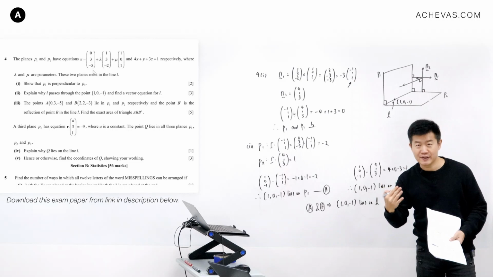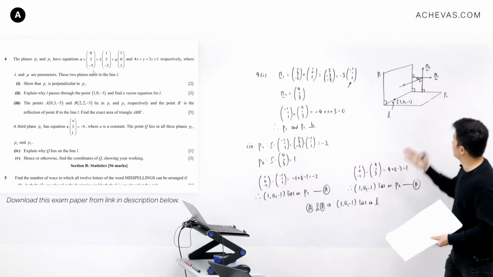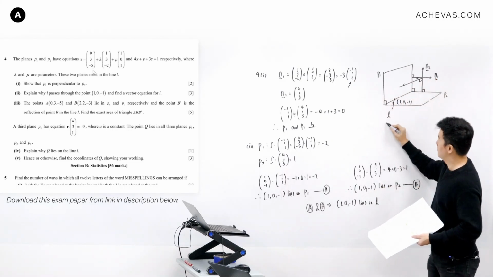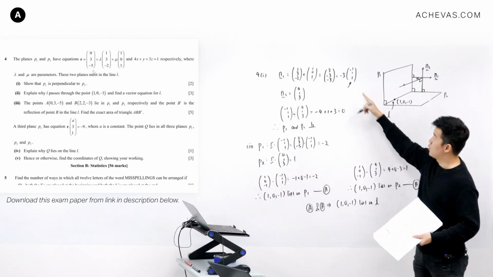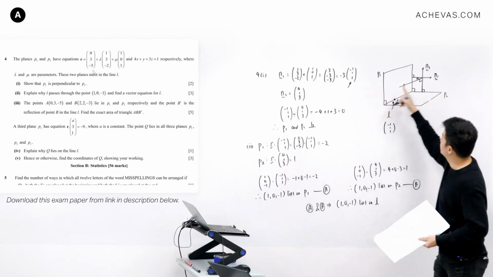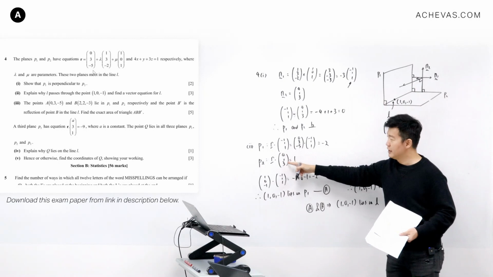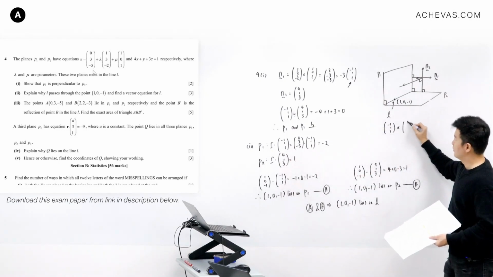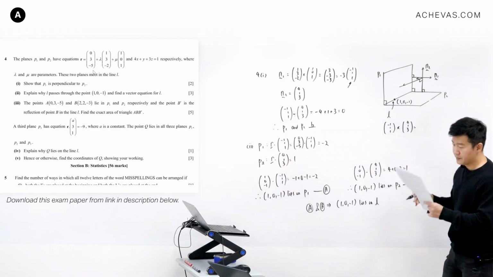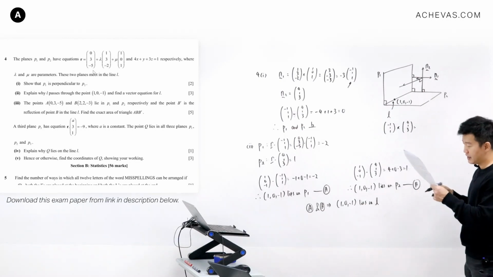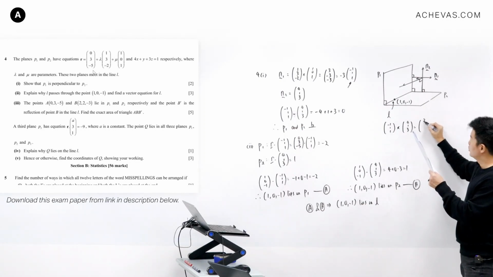And this vector will actually be parallel to L. So if you are able to see this, it is going to be way faster because I just need to take minus 1, 1, 1, which is the normal vector that I'm going to be using for the plane P1, cross 4, 1, 3. If I take this cross this, I'm going to get 2, 7, minus 5.